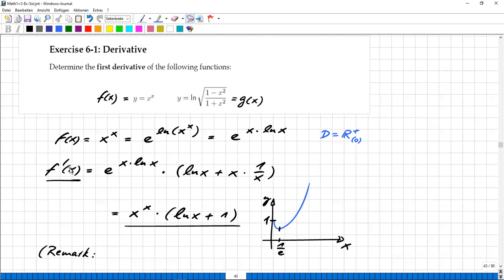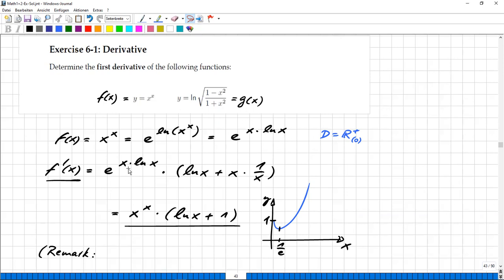So what I do is I take the derivative by saying this is an exponential. So the outer function in this nested expression is e to the power of something, and we know that the derivative of e power something is still e power something. So we just leave this exponent alone.